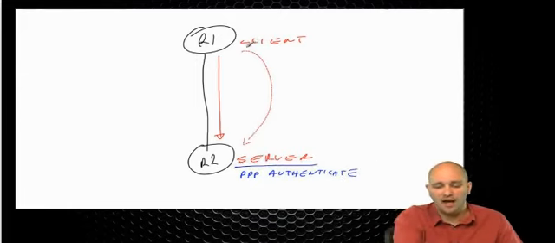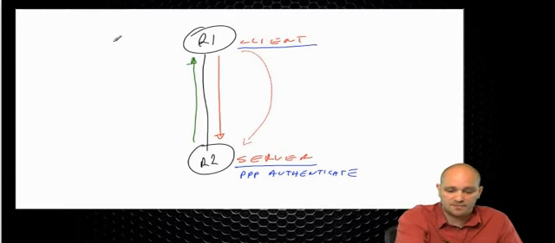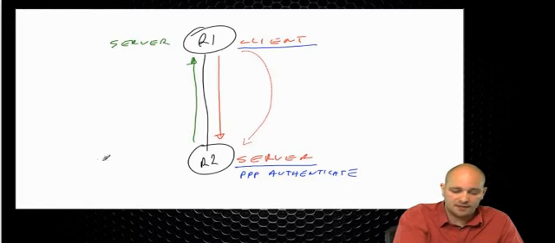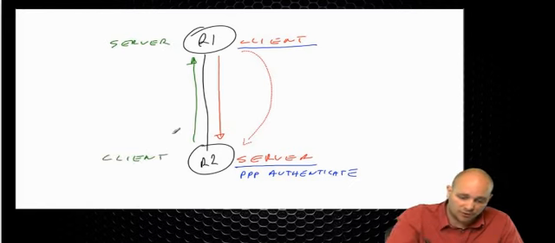Now, you can have that situation as well, like this, in which case this becomes server and this becomes the client. For this situation, for the authentication in this direction, you do need PPP authenticate.